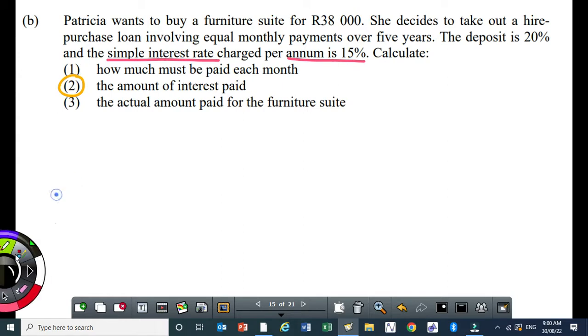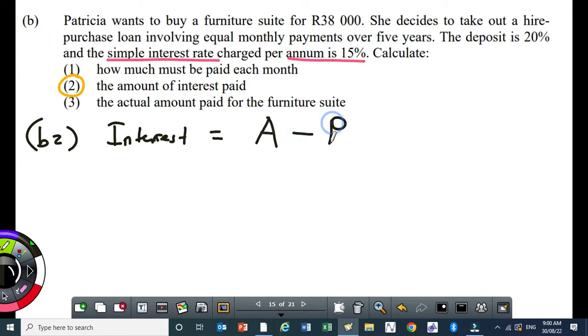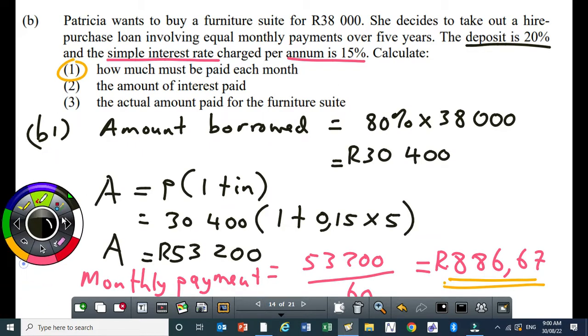Now, for B2, the interest is always equal to the value of A minus the amount borrowed. Remember, how much was borrowed? It's this amount here. This is the amount which she borrowed.